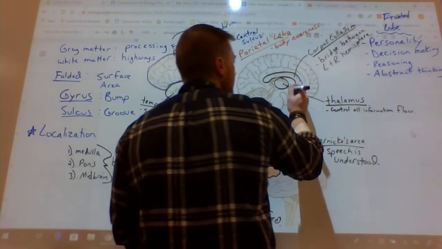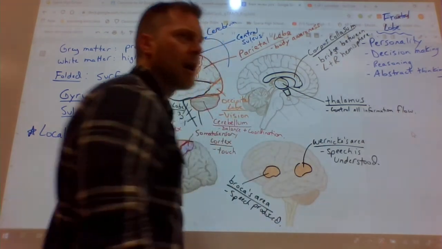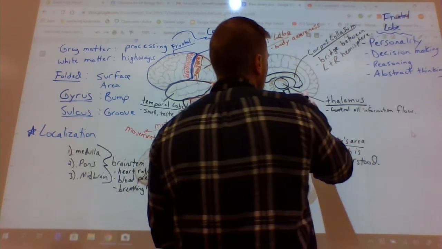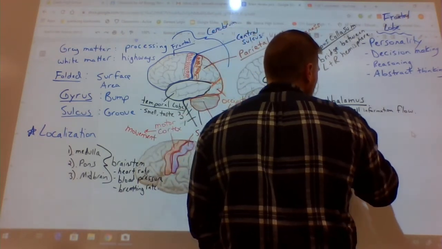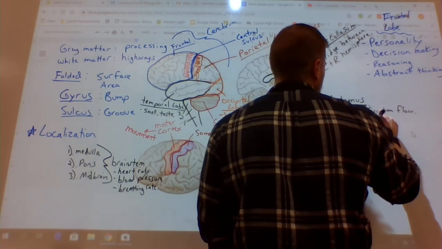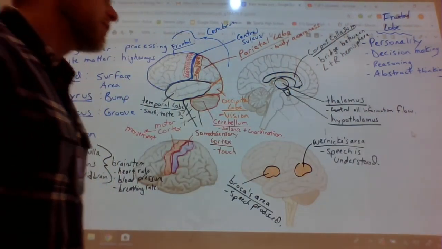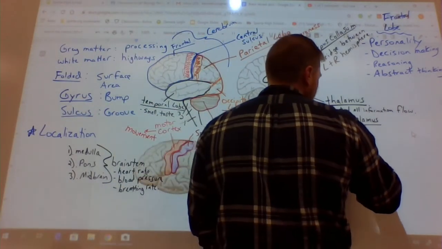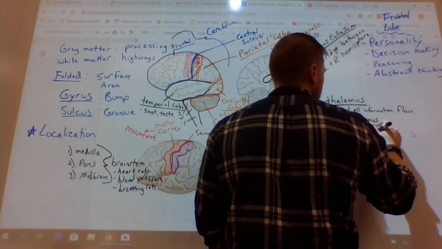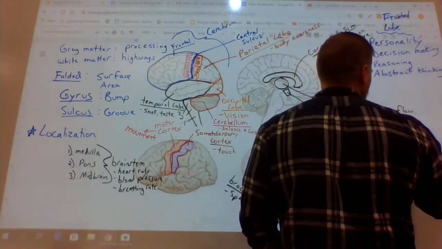Right below the thalamus, right here, is another super important structure, which is called the hypothalamus. The hypothalamus, we said, maintains homeostasis, or is also considered your brain's want center.